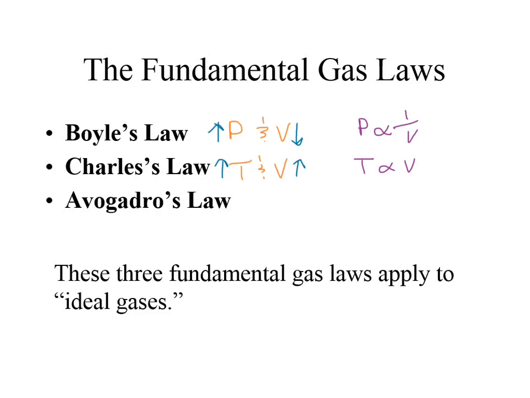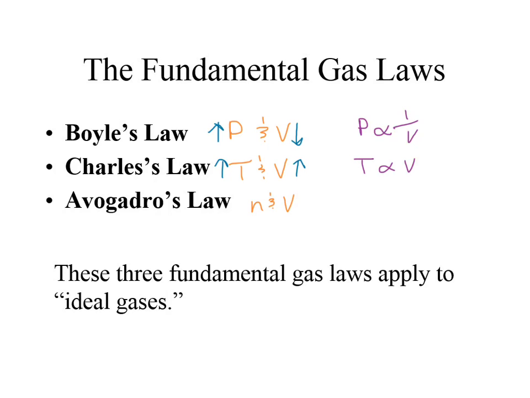And Avogadro's law, I mean, these just make sense, right? Remember, Avogadro's number is the number of particles in a mole. So he's all about moles, and this law relates moles and volume.